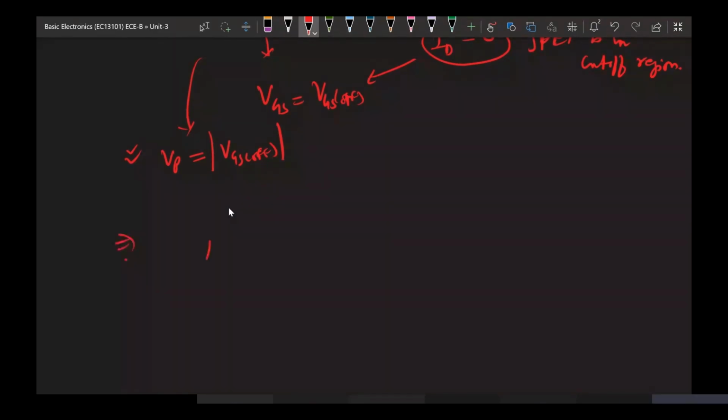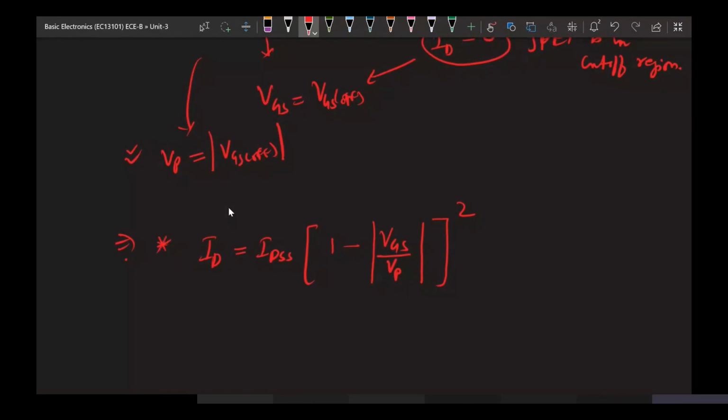So this Shockley equation is in another way also represented like ID equals IDSS times (1 minus VGS divided by VP), but these two, VGS and VP, are of opposite nature. So VGS by VP is negative and this is positive, but overall there should be a negative sign. That means the mod will be taken care of.